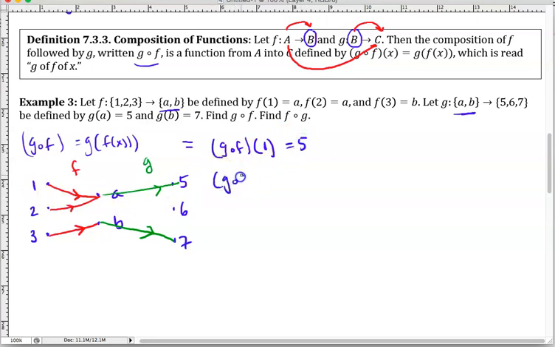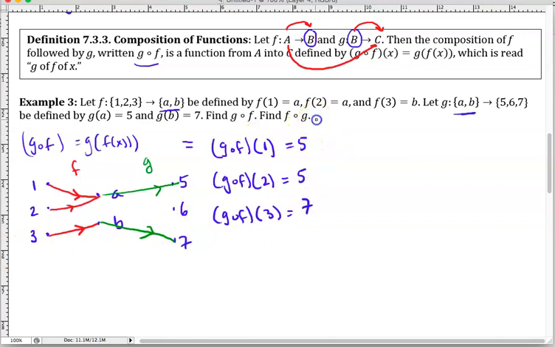Right? And if I start with the input of 2, this will also end up with an output of 5. And if I start with an input of 3, this will end up as an output of 7. Okay, so those are the rules that show the composition with these inputs and those outputs.